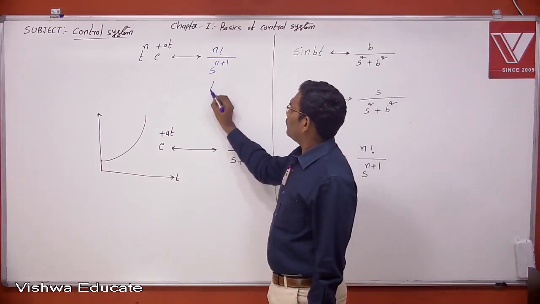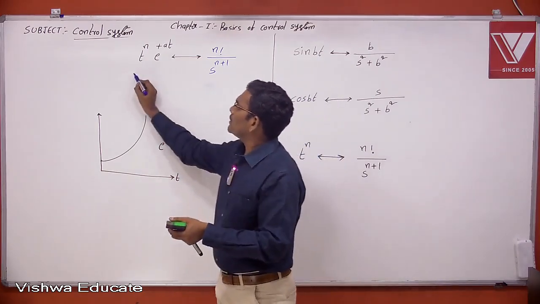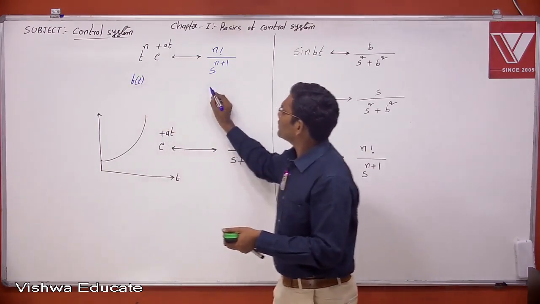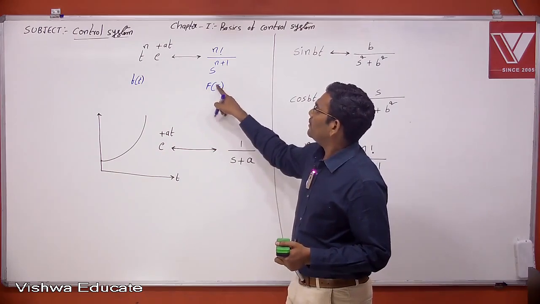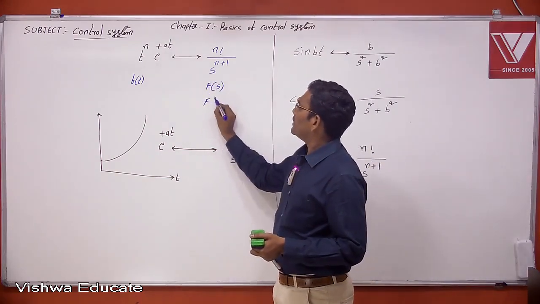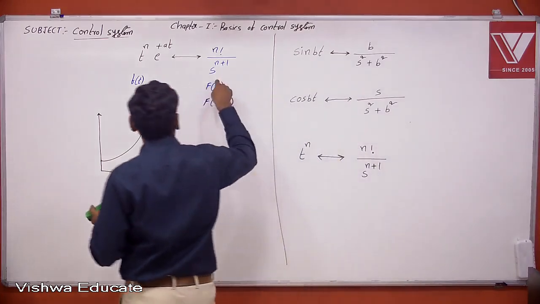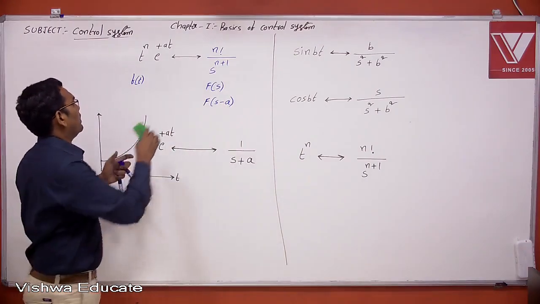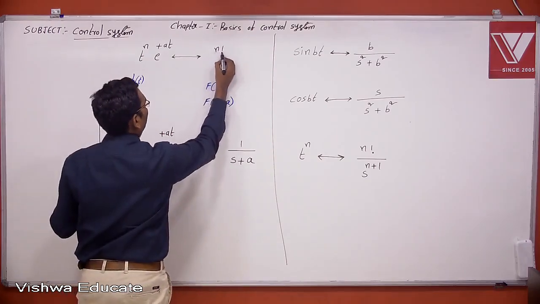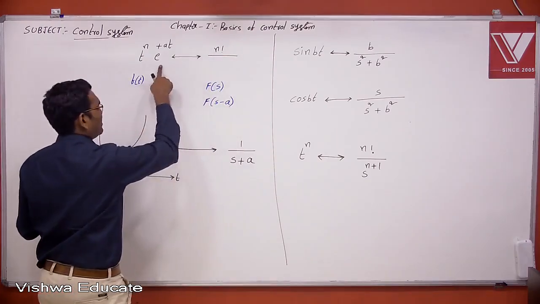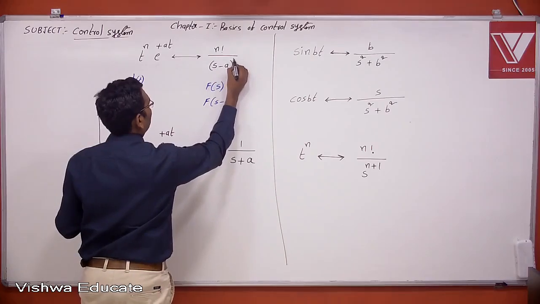Once this is f of t, whose Laplace transformation is f of s, replace s by s minus a. Where there is s, replace s by s minus a, which means it is now n factorial by s minus a whole power n plus 1.